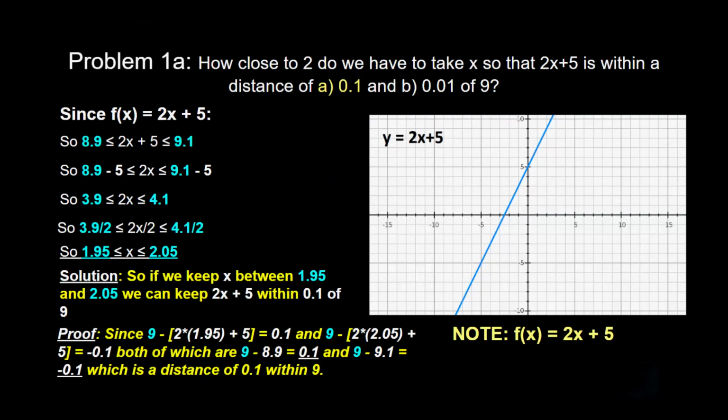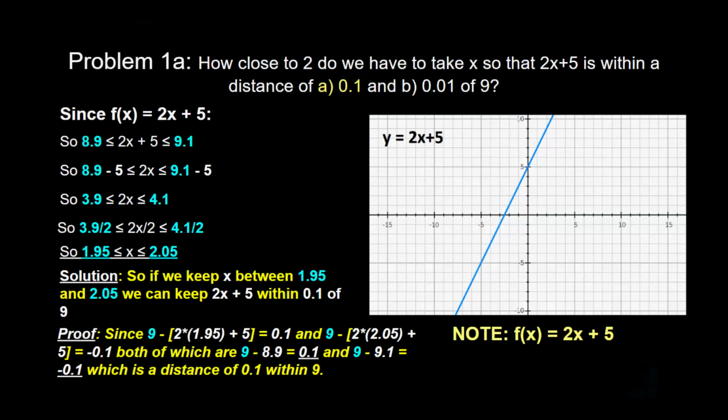Likewise, we can take 9 minus 2 times 2.05, which is the other x, and add that to 5, and we subtract that from 9, and we get negative 0.1. So essentially, by plugging x back into the f of x equation, we see that we can keep the deviation from 9 at a distance of 0.1 or less when we plug in x whenever we're working our proof.